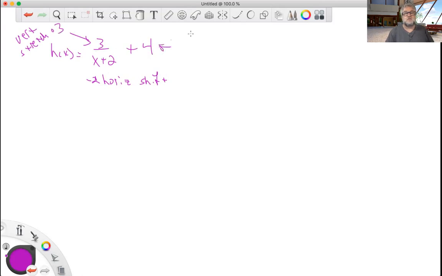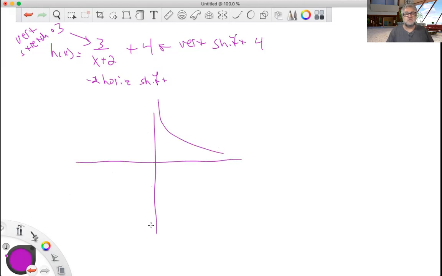But this is a vertical shift of 4. So my original function looks like this. And my asymptotes were on the x and the y-axis. But now I'm going to shift. So I'm going to shift -2.